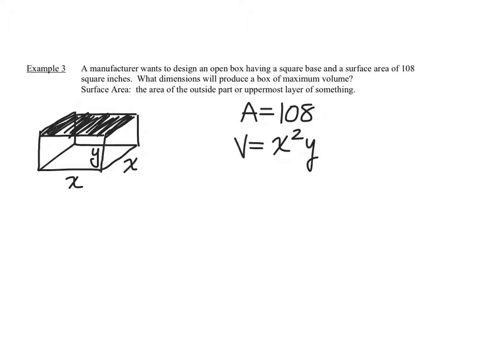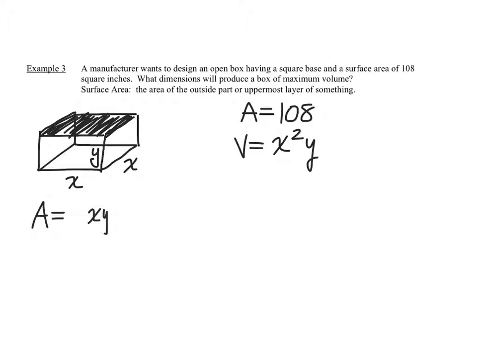If we could swap out a variable here, ideally the y, it's going to make our lives a lot easier. In order to do that, I need a model that represents the area of the figure, excluding the top. The four side panels all have the same dimensions, so the area is xy for a single panel.